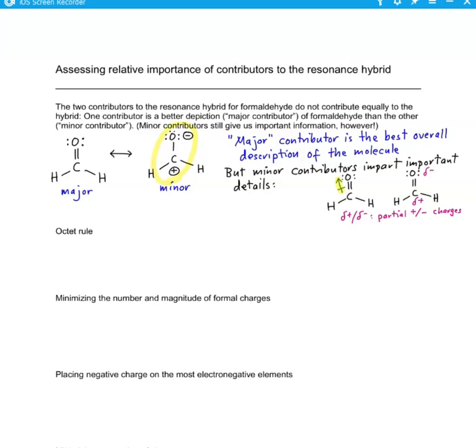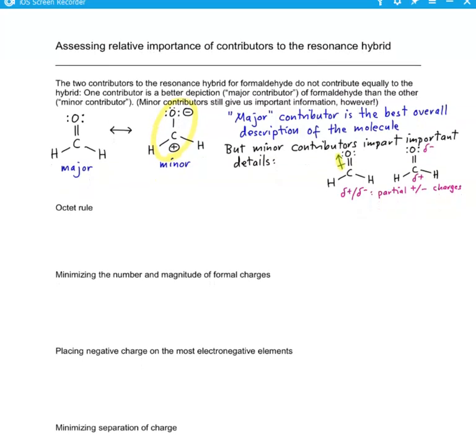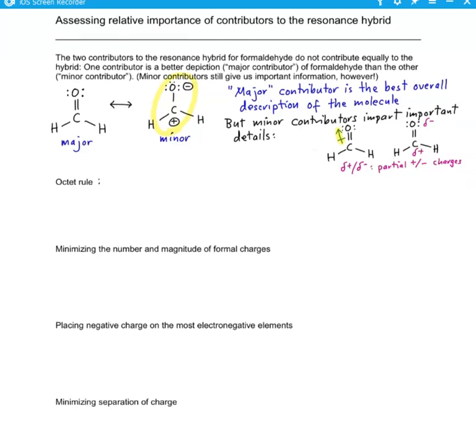Okay, so if you have a set of resonance contributors that you need to assess, to figure out which one is the most important, the very first thing, number one, that you're going to do is check the octet rule for all of the atoms in the compound.